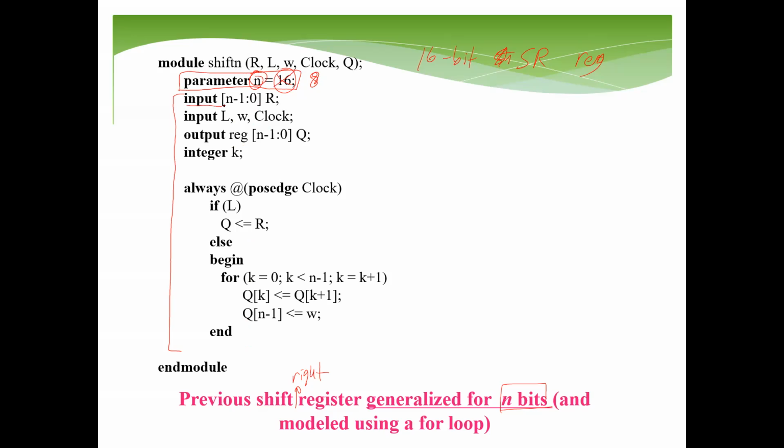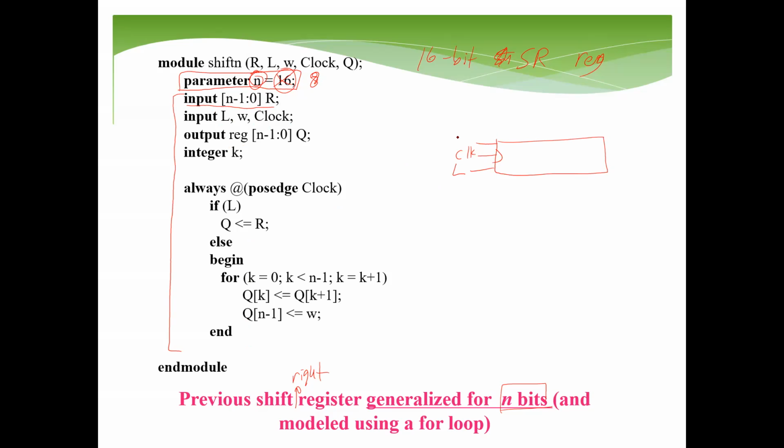Okay, so for example, first of all, for this shift right register, you need to know all the signals. So we have a clock, we will have input L, just the same as the previous design. When L equals 1, we want to load, and when L equals 0, we want to shift.